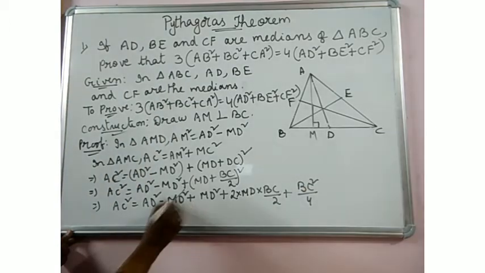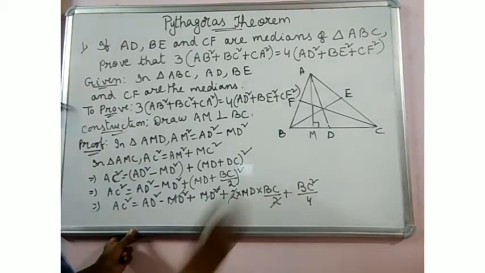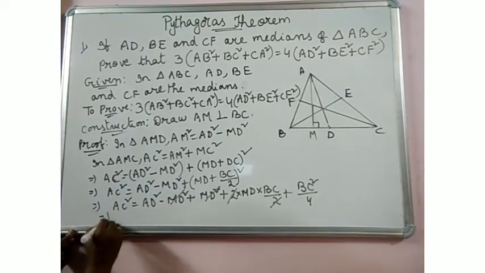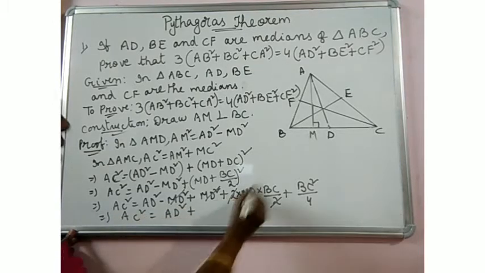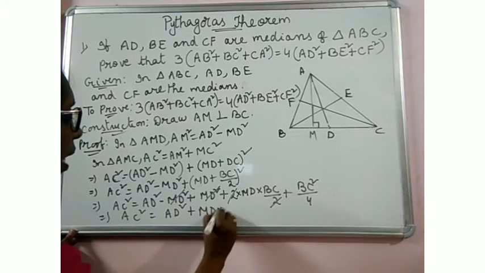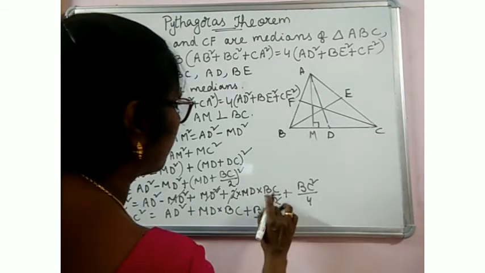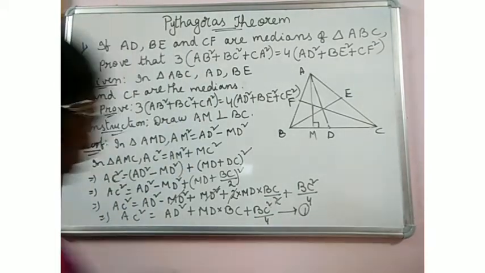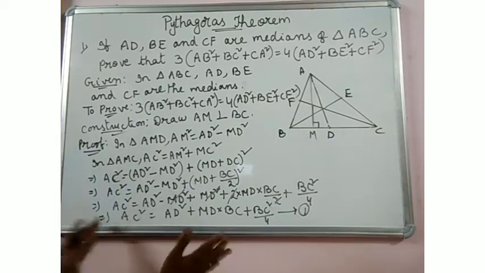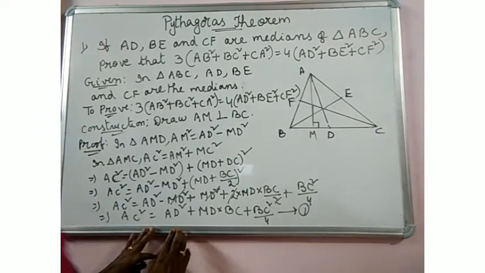So you can see minus MD square plus MD square is cancelled and 2 is cancelled, and we get AC square equal to AD square plus MD into BC plus BC square by 4. Let me name it as equation 1.